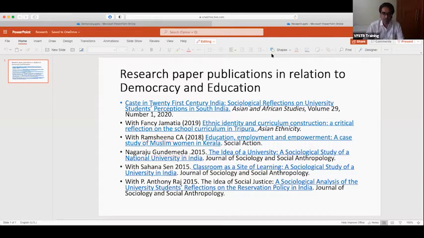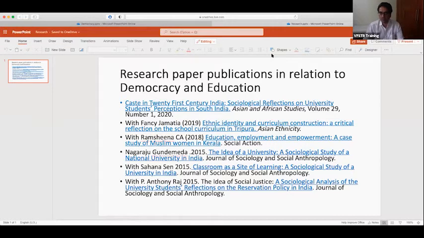With Rashmina, he published Education, Employment and Empowerment, a Case Study of Muslim Women in Kerala. He published in 2015 The Idea of University, a Sociological Study of National University in India. And in 2015, he published A Classroom as a Site of Learning, a Sociological Study for University of India. And in 2015, he published The Idea of Social Justice, a Sociological Analysis of University Students' Reflection on the Reservation Policy in India.